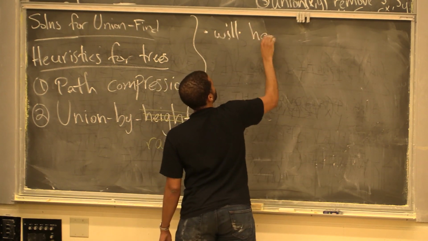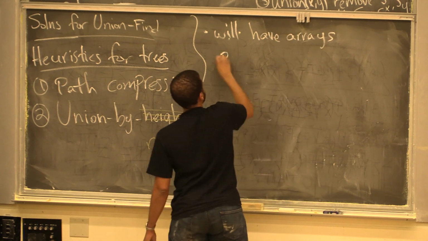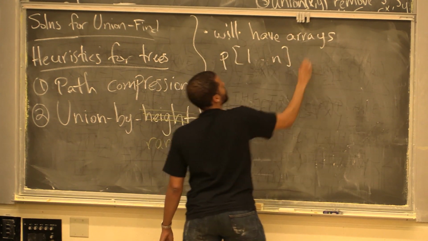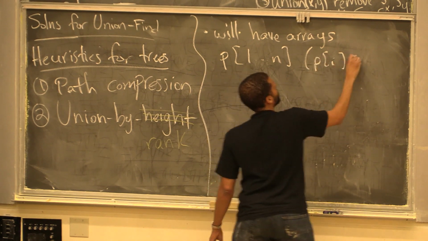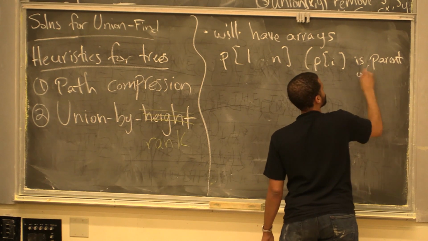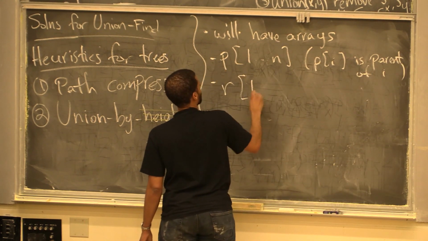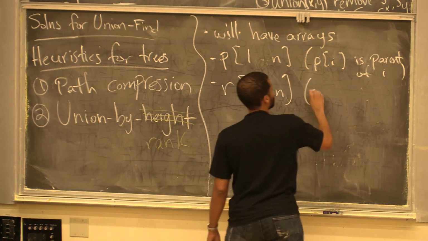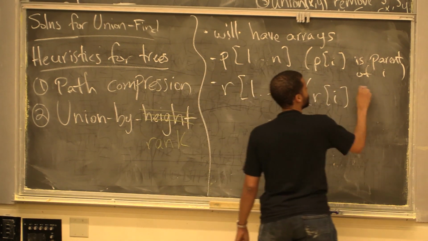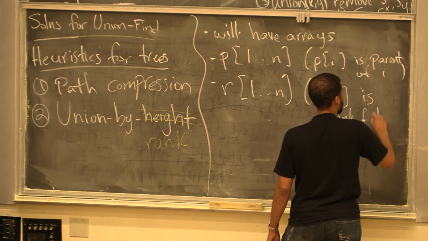We'll have arrays p[1..n], where p[i] is the parent of i, and rank[1..n], where rank[i] is the rank of item i.